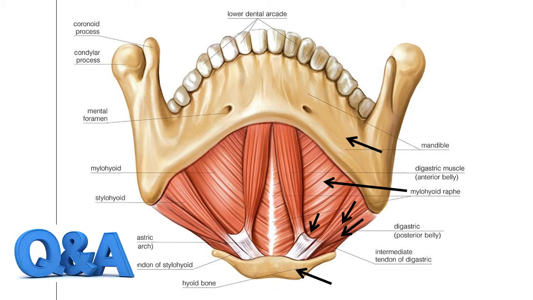As it comes and attaches to the hyoid bone, it bifurcates and leaves a space in between the 2 limbs where the digastric muscle passes through and sends its anterior belly to the mandible, most anterior part, where there is a fossa which is called digastric fossa.